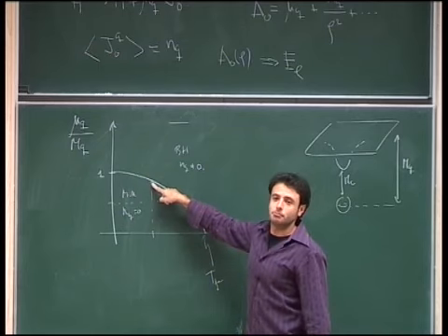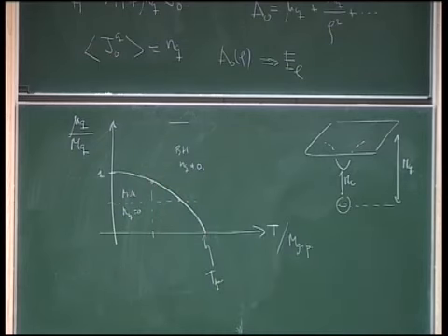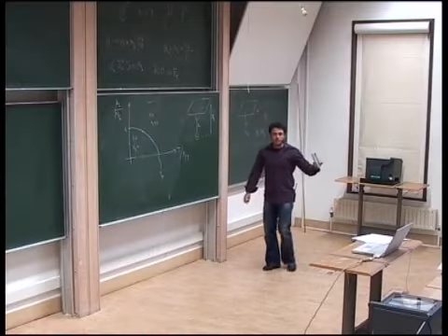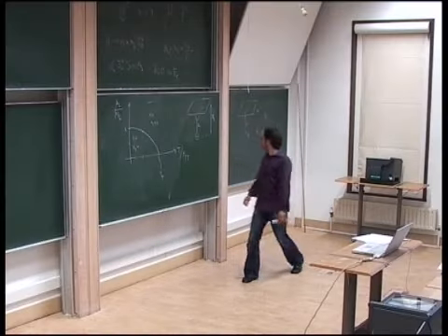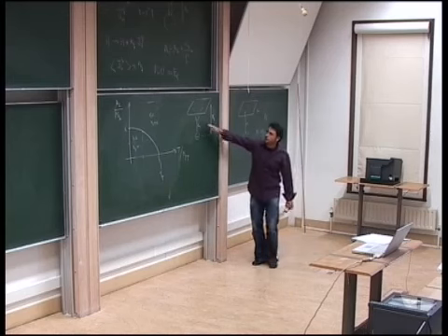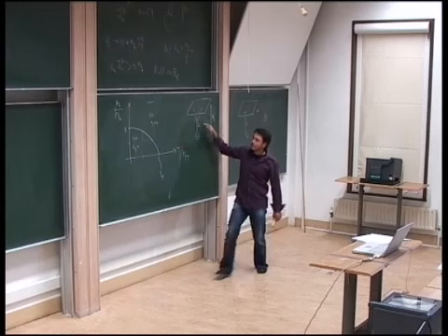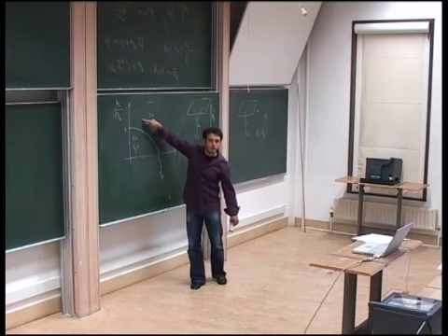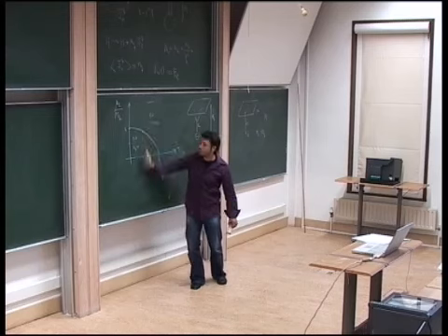Let me say this again. Fix the quark mass and fix the temperature, and look at a Minkowski embedding of this type. We are asking at what point we jump from here to here at a given temperature.